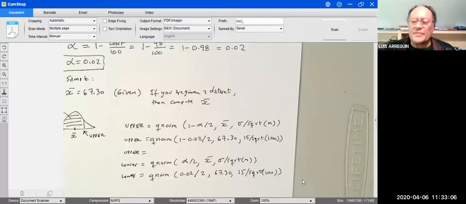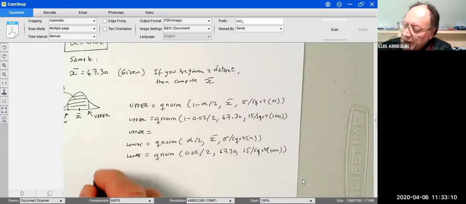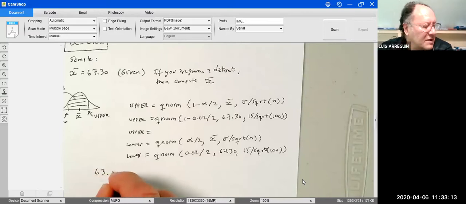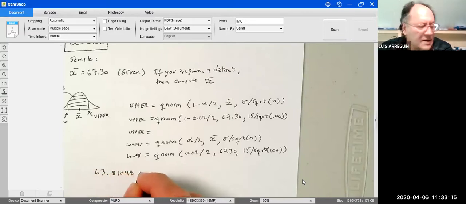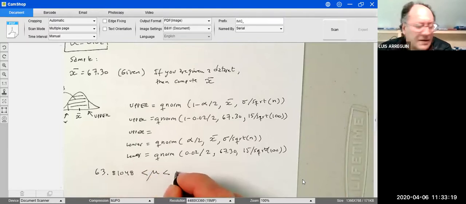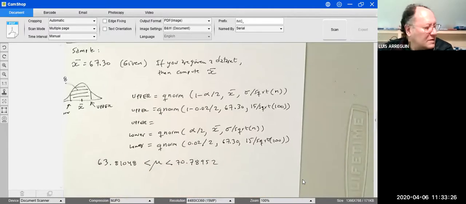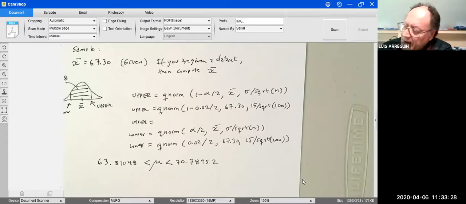So I'm going to write just the answer. The lower limit, 63.81048, is less than the mean, which is less than 70.789052. Sometimes you need to find the margin of error.